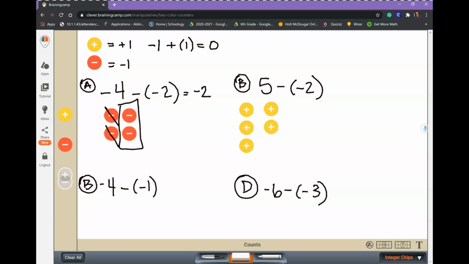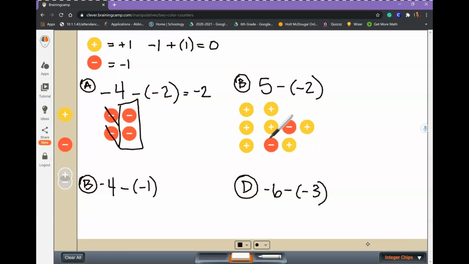And I need to take away 2 negative ones, but I don't have any negatives, so I'm going to make 2 0 pairs. So I'm going to say this is a 0 pair, this is a 0 pair, and that's it, because I'm only taking away 2 negatives.